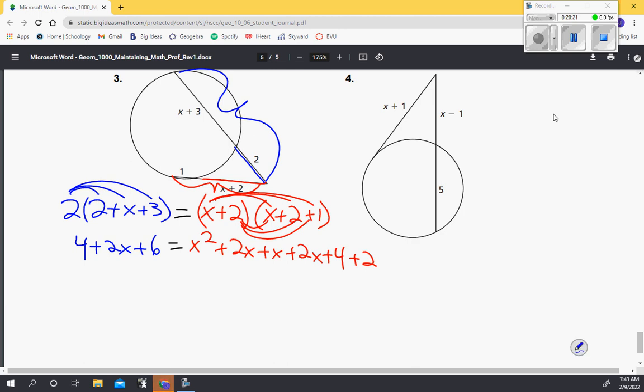Now, when I simplify on both sides, I get 2x plus 10, 4 plus 6 make 10. On the right side, I'm going to look at all my like terms right here. 2x plus x plus 2x, that's 5x. So I'm going to get x squared plus 5x plus 6.